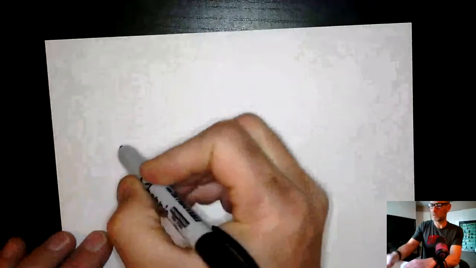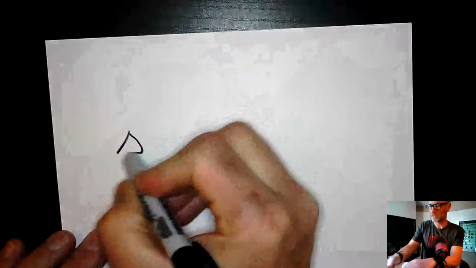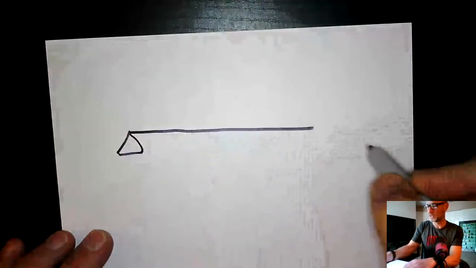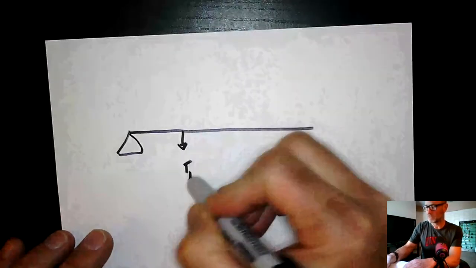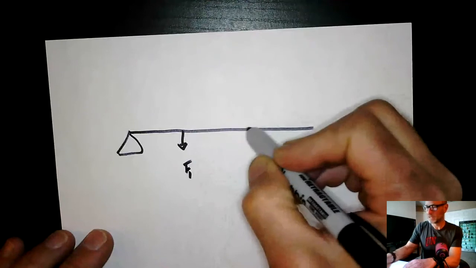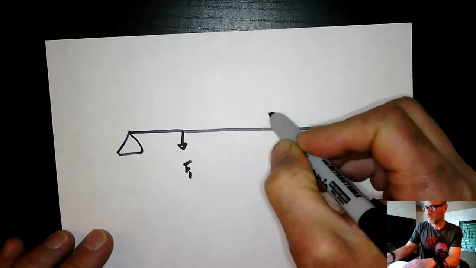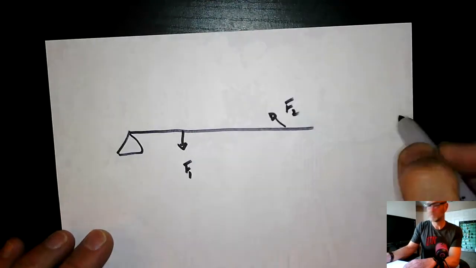So we can do a few practice ones. And this time, instead of drawing only one force on the lever, I'll draw two, so we can see how we do each one of these. I'll draw F1 here, and I'll draw F2 here.